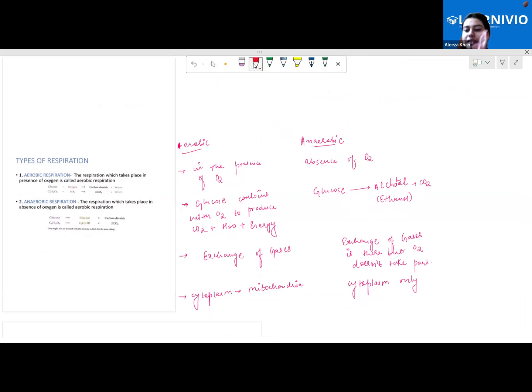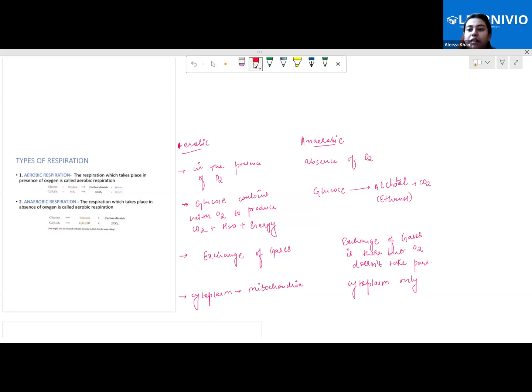First understand this, Shreya, that aerobic is something which is in the presence of oxygen. Wherever there is the requirement of oxygen for the respiration process, that is known as aerobic respiration, whereas the one which takes place in the absence of oxygen is anaerobic.